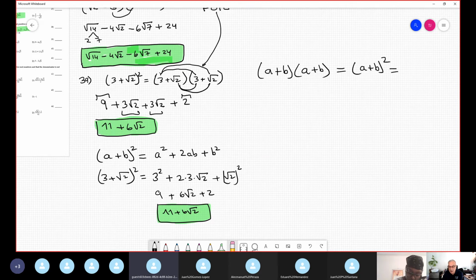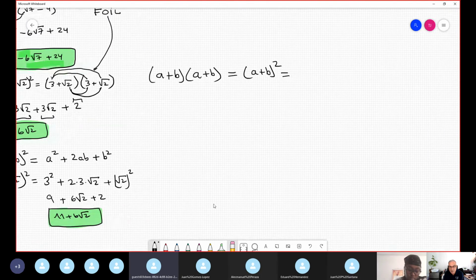And the formula is square the first, which is a squared, plus twice the multiplication of both, plus b squared. Okay, this is a special product.